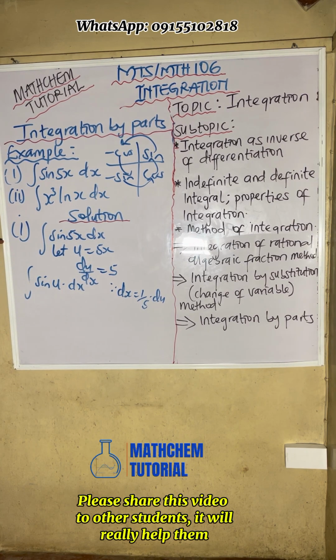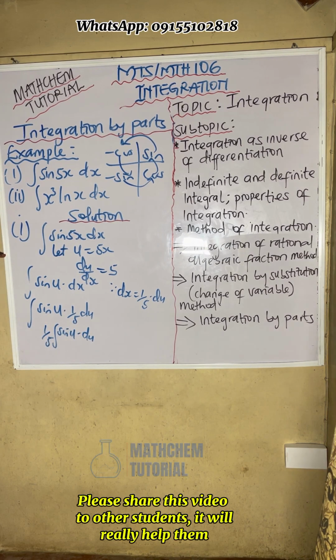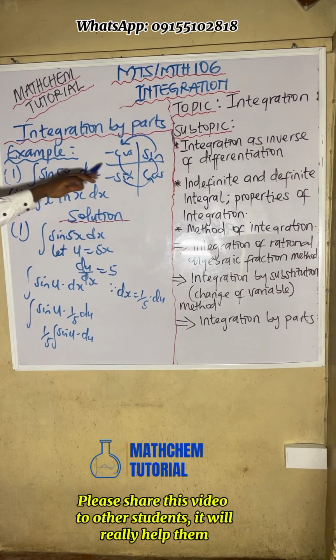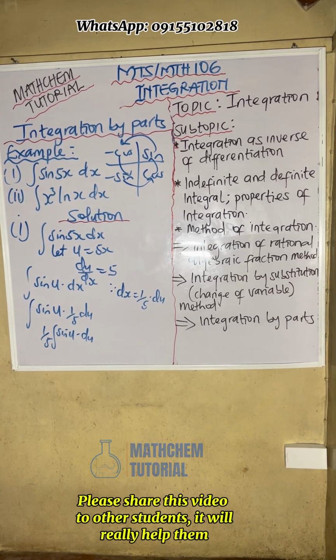So it becomes the integral of sine u times 1 over 5 du. Now 1 over 5 is a constant, so let me extract it out. That will now be 1 over 5 integral of sine u du. If I integrate sine u, from what I explained earlier, that gives me minus cos u.